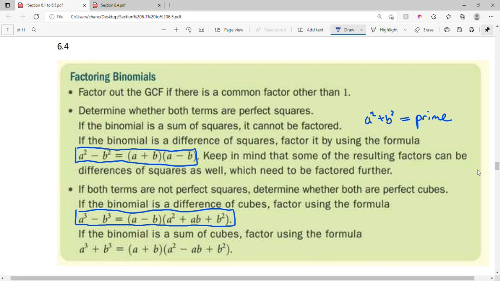If the binomial is a sum of cubes, factor using the formula a cubed plus b cubed equals a plus b times the quantity a squared minus ab plus b squared. These formulas should be memorized as they will help you factor faster. So let's get started with the first example.